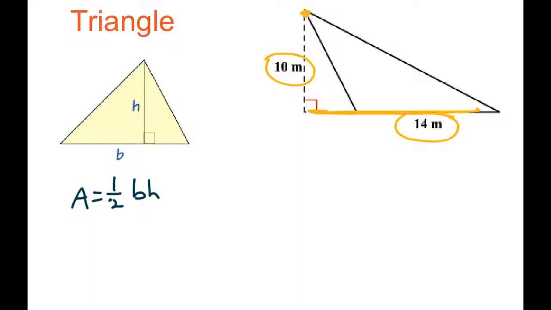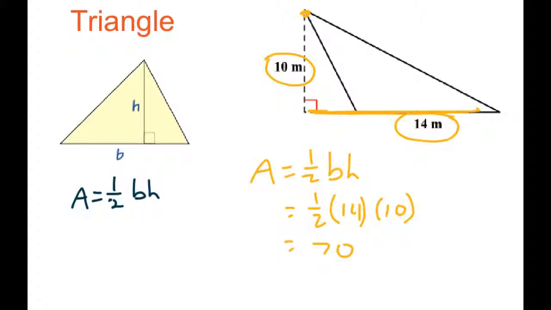So you have to go outside the triangle. So same formula, 1/2 base times height. The base is 14. The height is 10. 1/2 times 14 is 7. 7 times 10 is 70. And that was 70 meters squared.